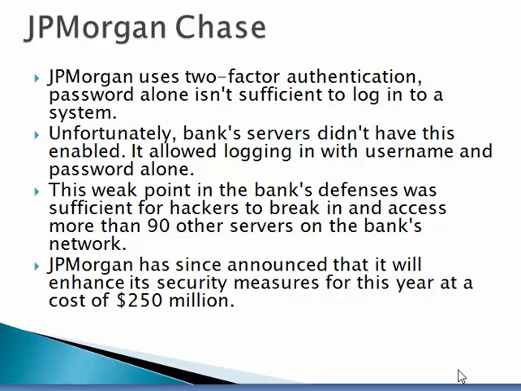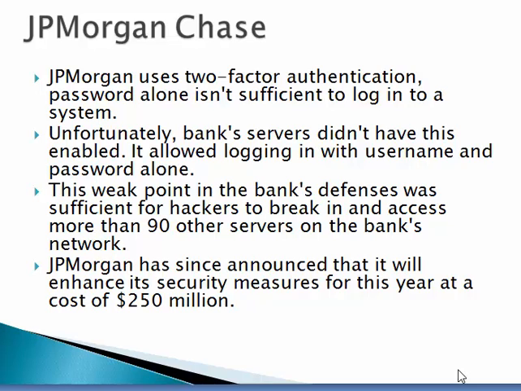It didn't have the two-factor authentication enabled, and it allowed logging into the system with just a username and password alone. This weak point in the bank defenses was enough for a hacker to break in and have access to more than 90 servers.